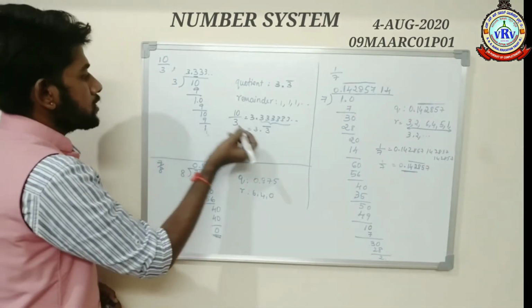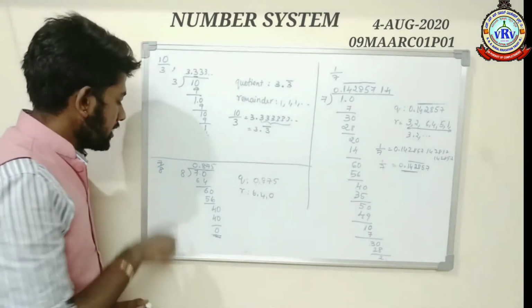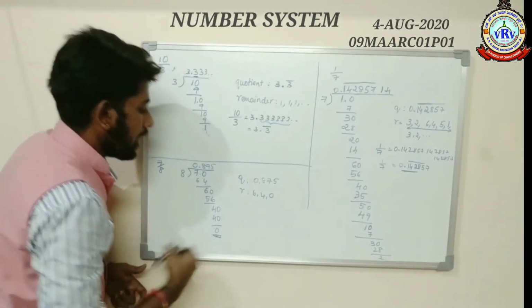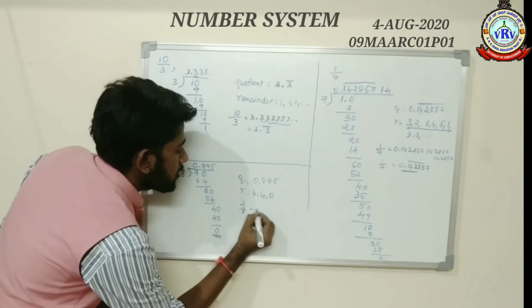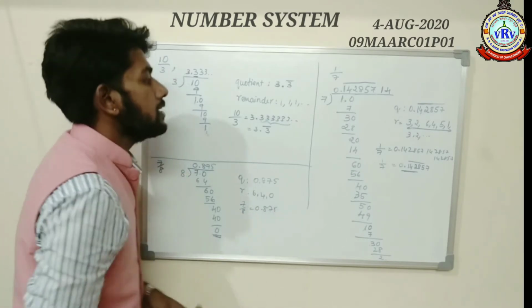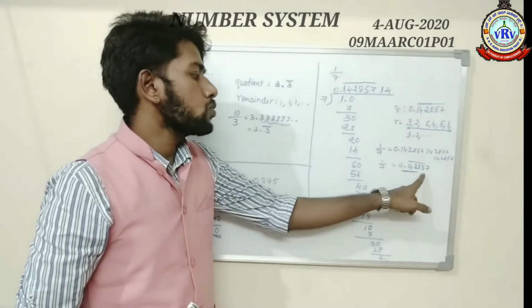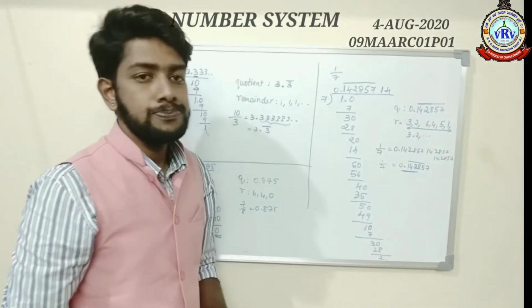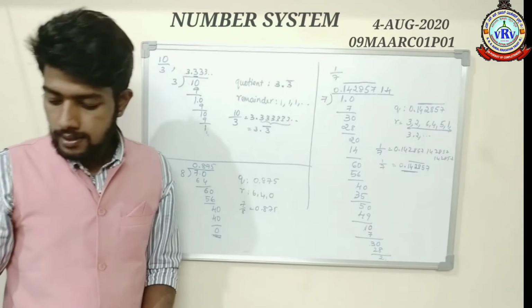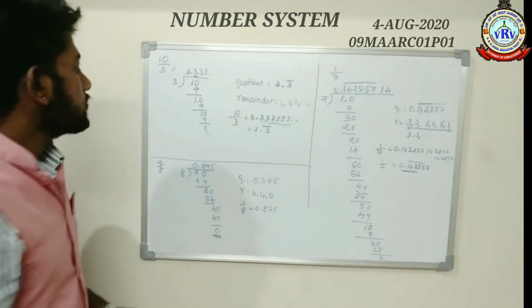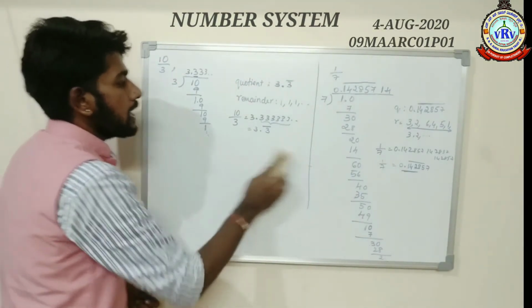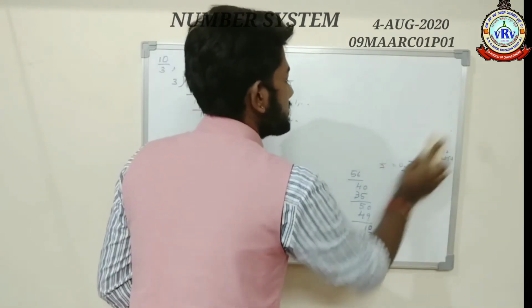The decimal expression for 10 by 3 is 3.3 bar, for 7 by 8 it is 0.875, and for 1 by 7 it is 0.142857 whole bar. Okay. Now I can convert any decimal expression into a rational number.